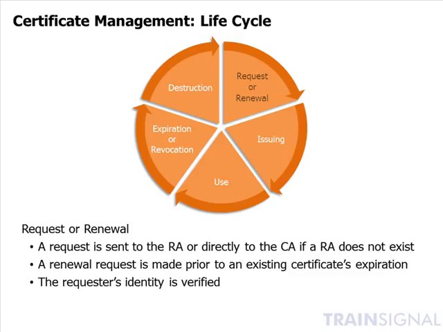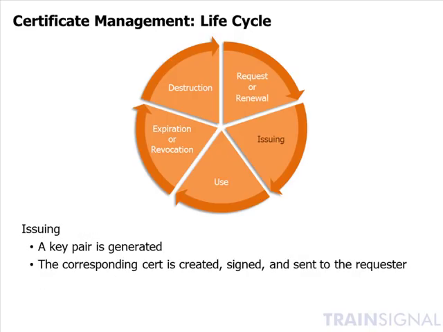In this case, a renewal request must be made prior to the existing certificate's expiration. In either case, the requester's identity is verified. If everything checks out, the next step is to issue the certificate. A key pair is generated using the algorithm and parameters spelled out in the certificate practice statements, and then the corresponding cert is created, signed, and sent to the requester.